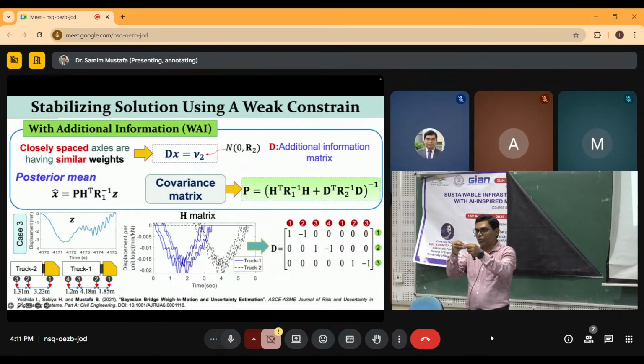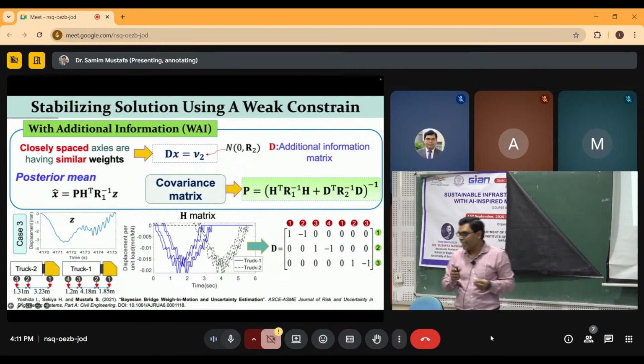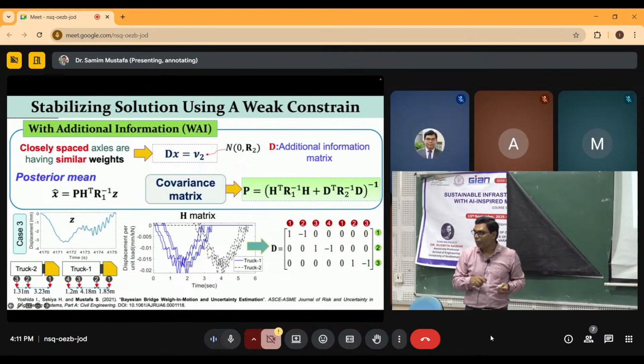What do you think from common sense? If I apply a weight over there, both will share similar weight, kind of. There could be differences, but not much. More or less similar. So that information we can use as additional information.